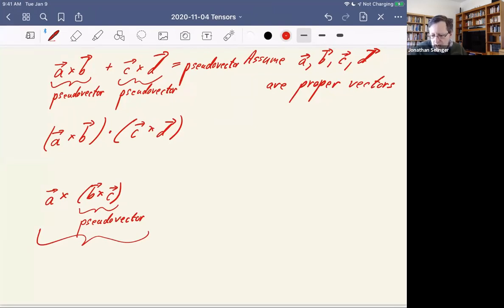If you switch the right-hand rule to the left-hand rule, you have one sign change there and another sign change with that. Those two sign changes cancel, and the combination is then a proper vector.